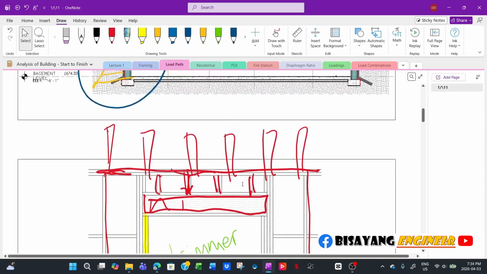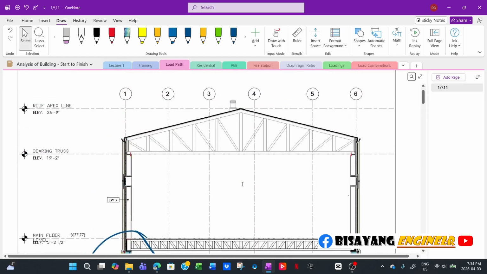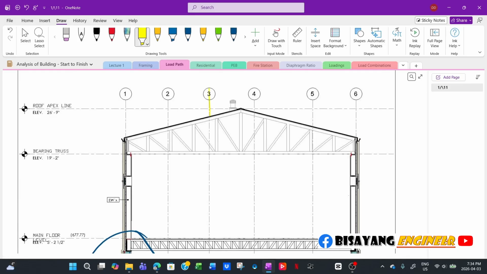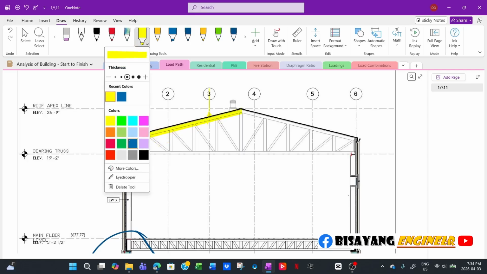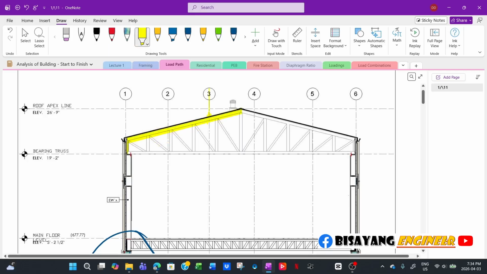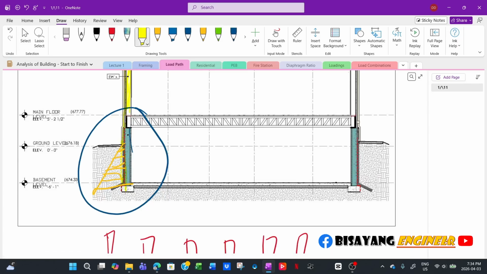Now all you have to do is identify where the loads came from, and where the loads are going. So from the roof, if you have a snow load, from the roof to your sheeting, then from the sheeting to your purlins if you have purlins. If you don't have purlins, from the sheeting to the top chord, and the top chord to the wall here, and then down the wall to the foundation.